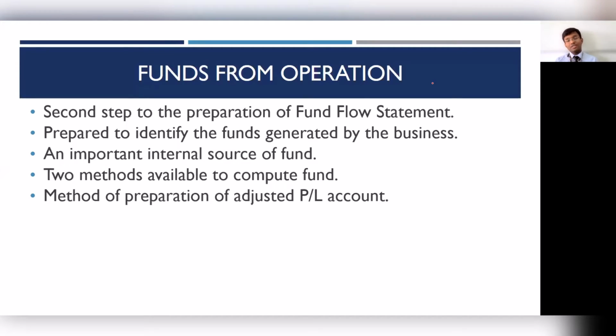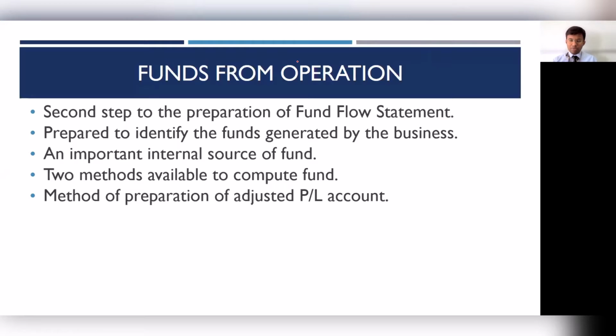To determine the net profit, we take into consideration the direct and indirect expenses and incomes. Based on that, we derive the net profit. Net profit will help us to understand the profit position of the firm.